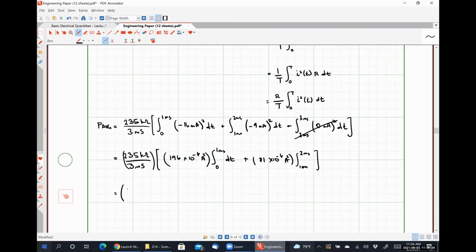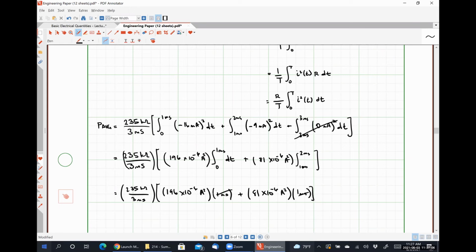So let's see, 235 kiloohms over 3 milliseconds times 196 times 10 to the minus 6 amps squared. 1 millisecond minus 0 seconds is going to look like 1 millisecond plus 81 times 10 to the minus 6 amps squared. 2 milliseconds minus 1 millisecond also looks like 1 millisecond.